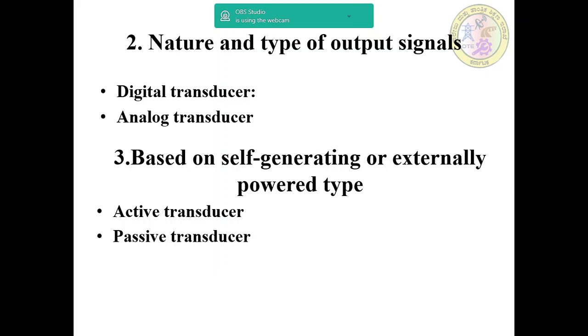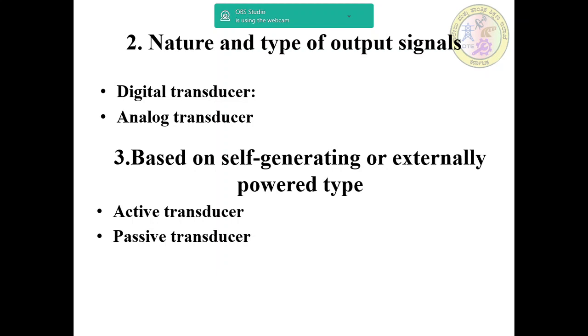Digital transducers are those which convert physical phenomena into an electrical output in the form of pulses. For example, we will take an angular digital encoder or a digital level transducer.